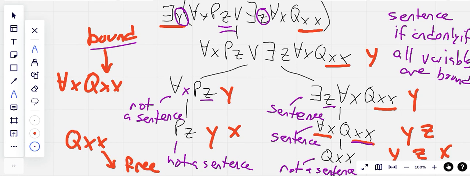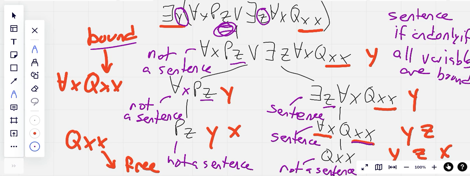If we take a disjunction of something that is not a sentence and something that is a sentence, this z doesn't change its boundedness. It is still not bound, and so this is not a sentence. And finally, when we go up to the very top here, this z remains unbound.